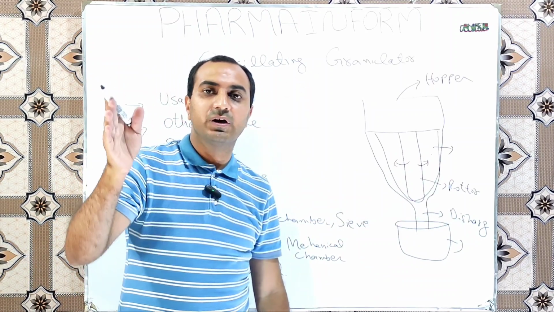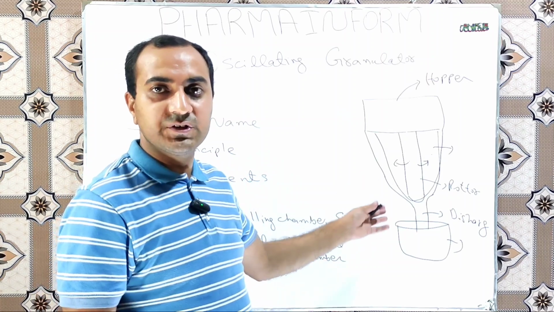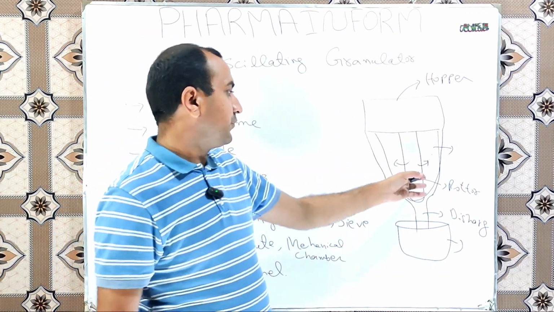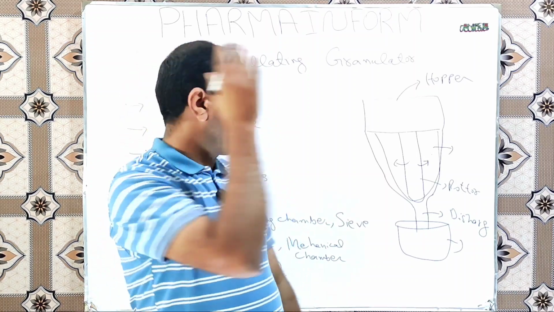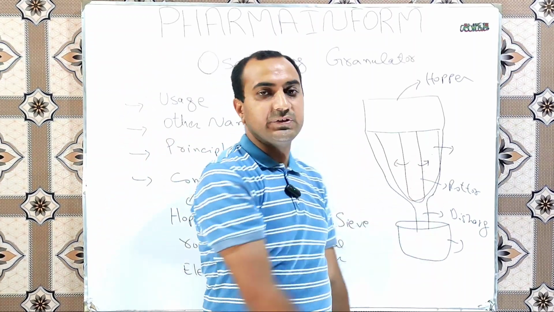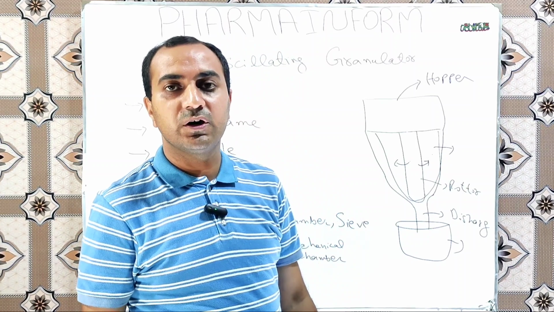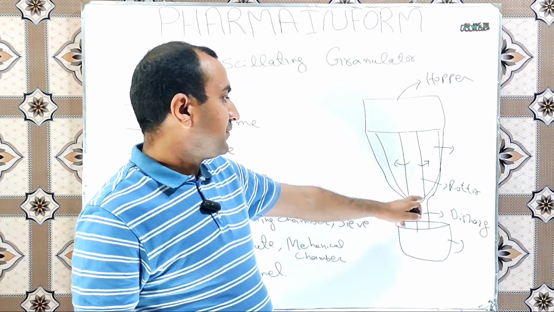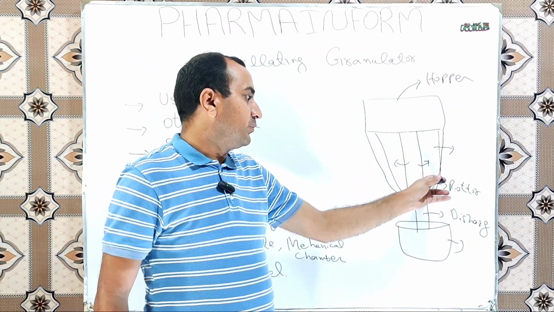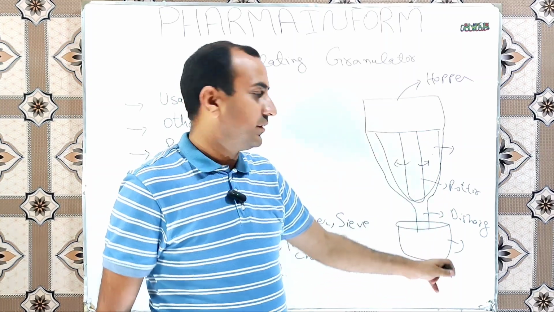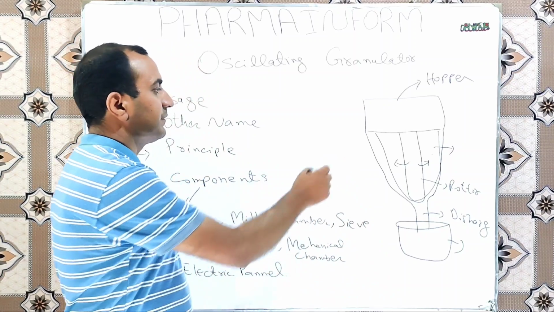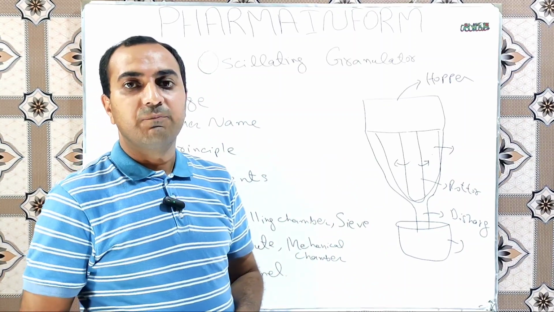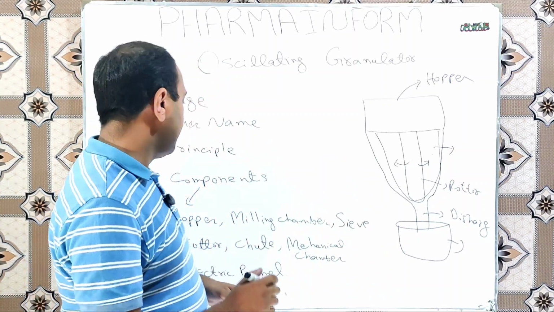So it works on the principle of oscillation and applies force on the granules, crushes them and forces them to pass through the sieve which is installed below the rotor, and after passing through this sieve the granules are collected into the collecting drum. So this is the simple working principle of the oscillating granulator.